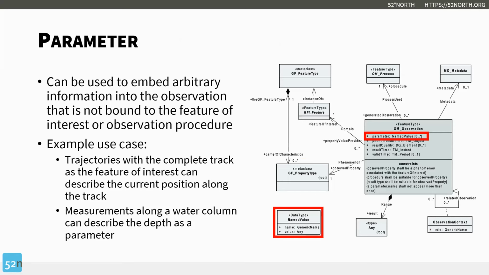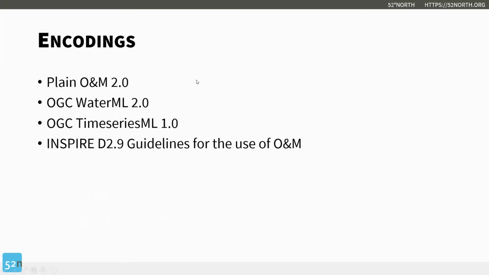So if you have a profile, you may express the depth in which a measurement has been taken as an additional information which is necessary to interpret the data. So here the procedure is a quite flexible place to express any further information that you need to correctly interpret your data. The result, I mentioned that.